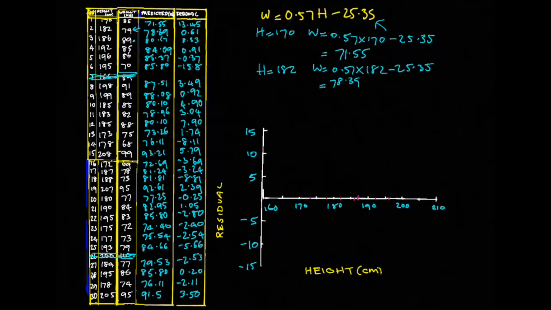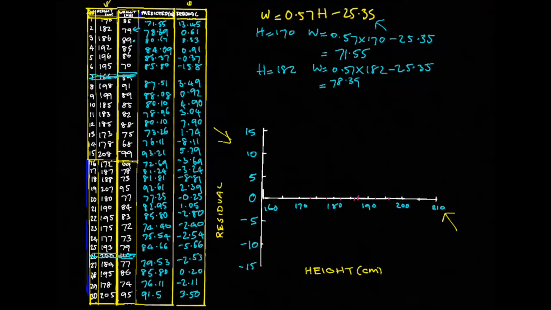So now we do a graph with the height still on the x-axis and the residuals on the y-axis, and they are either side of 0, the point 0 being the actual predicted value. Okay, so we're going to go through and graph height against residual.